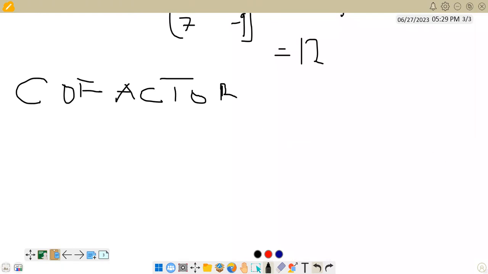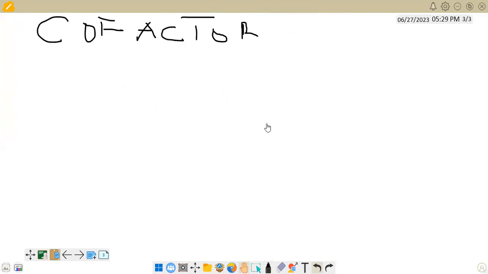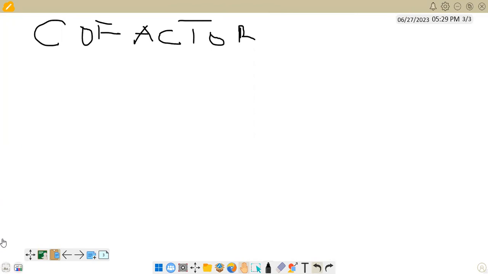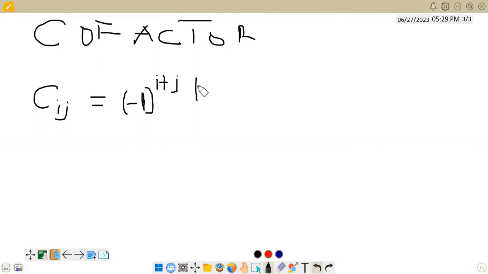So cofactor has a formula imene ndi Cij is equal to -1 to the power of the sum of i and j times the minor Mij.